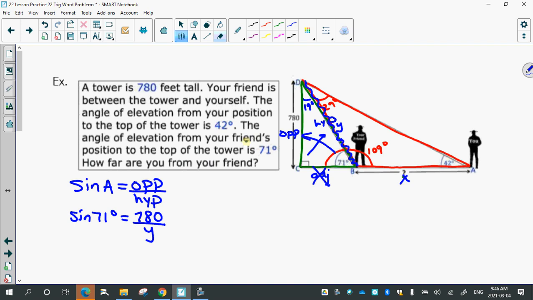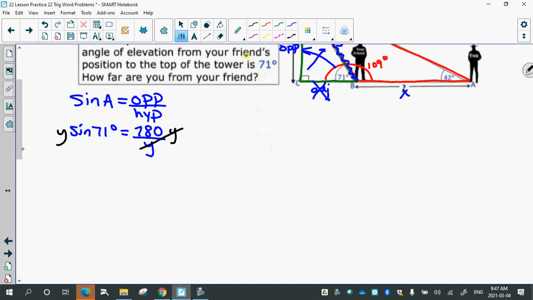And when y is on the bottom, I have to multiply both sides by y to get it into the top. Then I want to divide both sides by sine of 71.